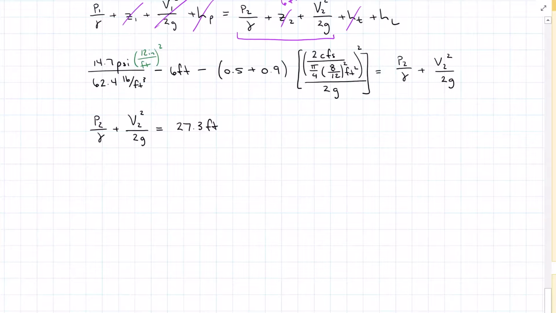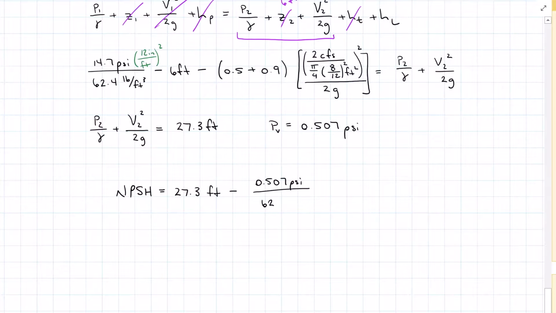Going to Appendix A, we get our vapor pressure for 80 degree water at 0.507 psi. So that means our net positive suction head is equal to 27.3 feet minus 0.507 psi all over 62.4 pounds per foot cubed, and we'll need to convert again, 12 inches per foot squared.